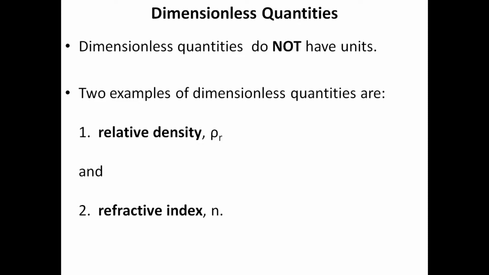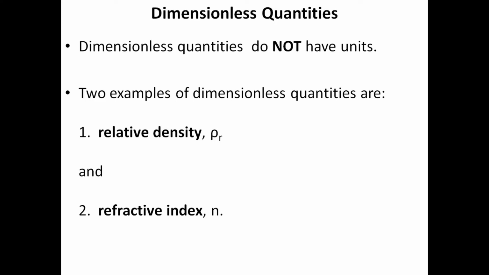Now we have some quantities that don't have any units. There are no units at all, and these are referred to as dimensionless quantities. So there are quantities that don't have units, and then you won't lose marks for writing them without units. For example, you have relative density, which doesn't use any units.